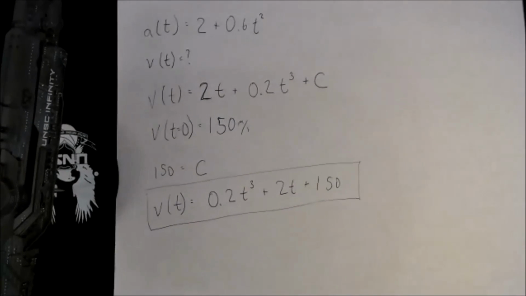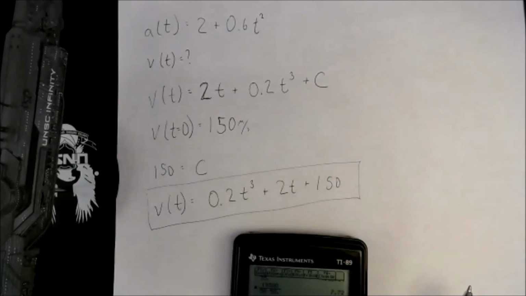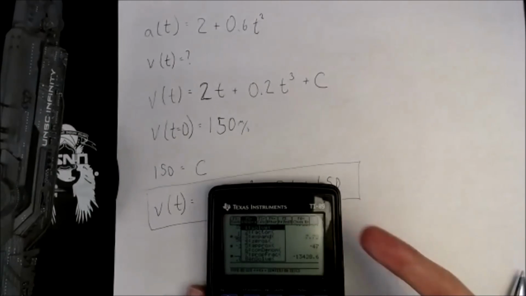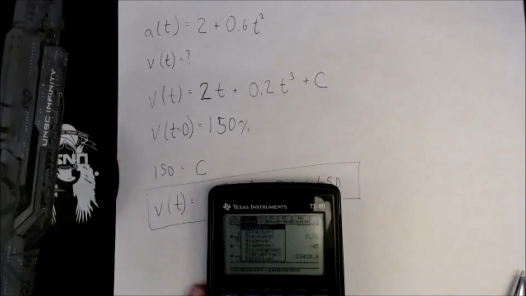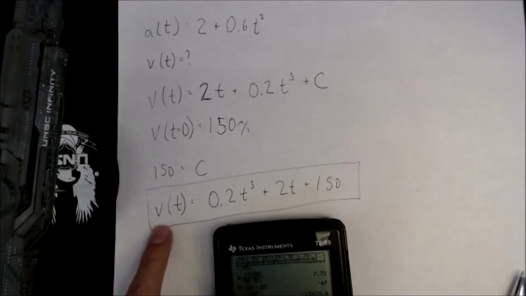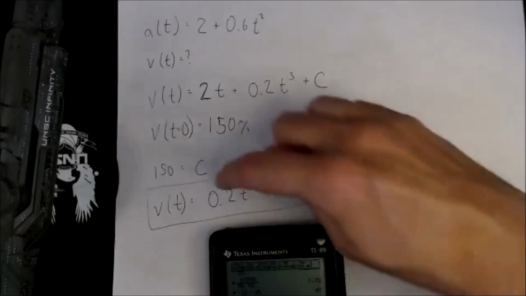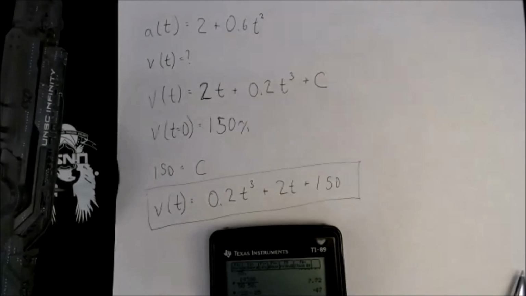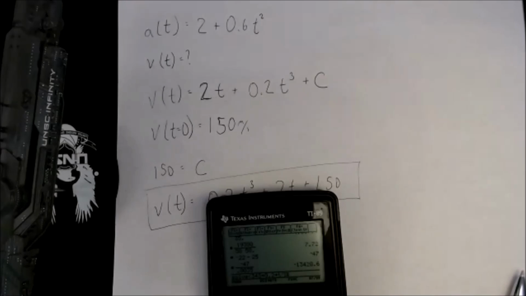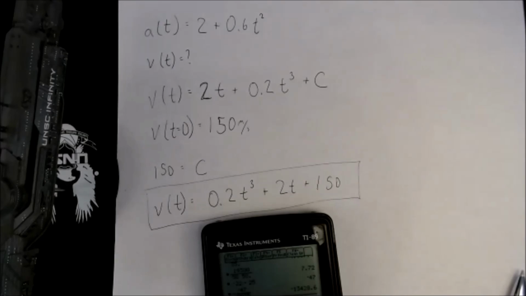Yeah, probably. In fact, a lot of you have a calculator that can just do this automatically. My calculator, a TI-89, that, as I said last time, is older than most of you because it's from mid-1999, you go to F2, you go to solve, and you say, well, I want v of t to be 343. 343 is equal to 0.2 t cubed plus 2t plus 150.